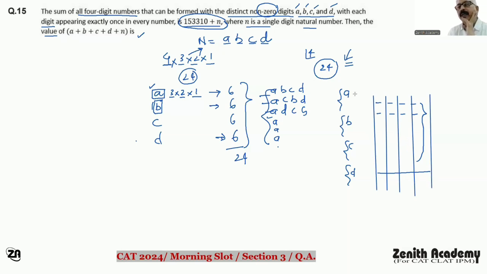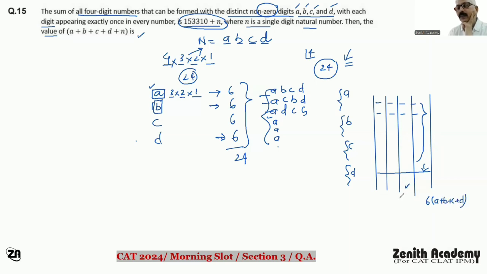In each column, A will repeat 6 times, B will repeat 6 times, C will repeat 6 times, D will repeat 6 times. Means the sum of it is 6 times A plus B plus C plus D.